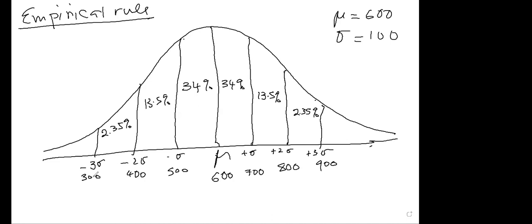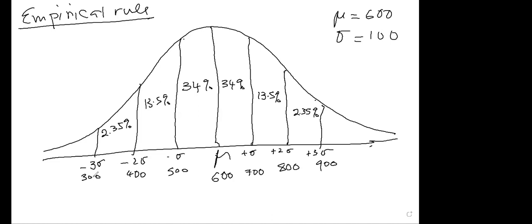So the probability to be to the left is 50%, to be to the right is 50%. 1 standard deviation, 2 standard deviation, 3 standard deviation. So here is 2.35. What do you think will be anything above the 3rd standard deviation?